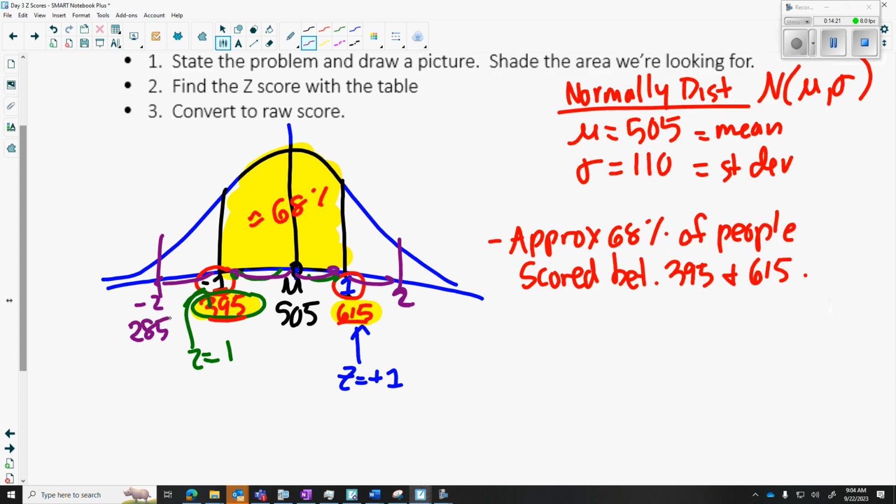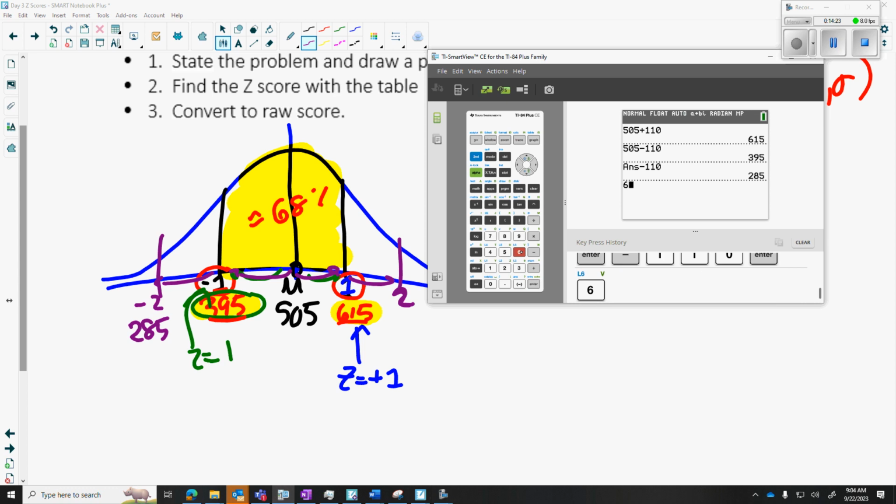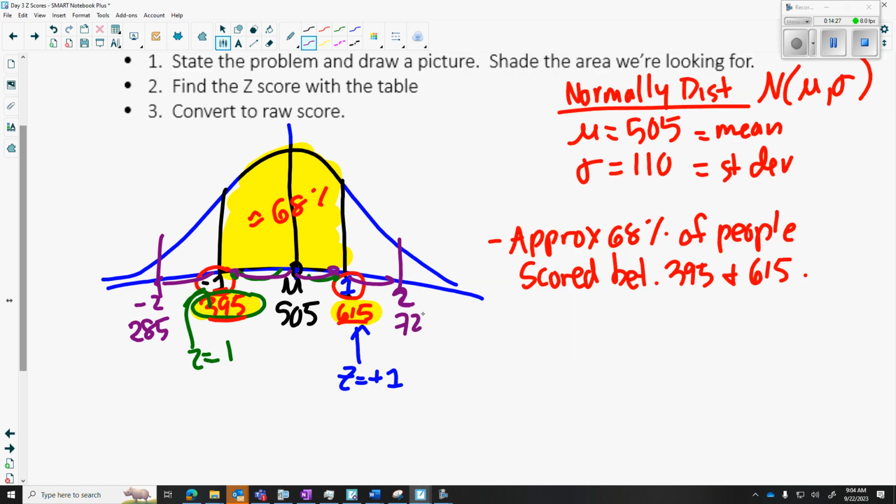And on the other side, I'm going to do 615 plus 110, and I'm going to get 725. So if you score a 725 on the verbal SAT, you're going to have a z-score of positive 2, indicating that you are 2 standard deviations above the average. And if you score a 285, you have a z-score of negative 2.